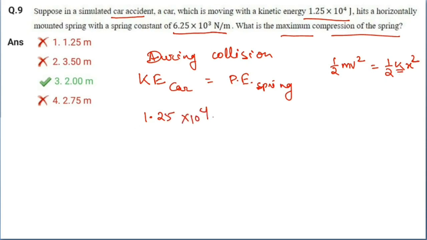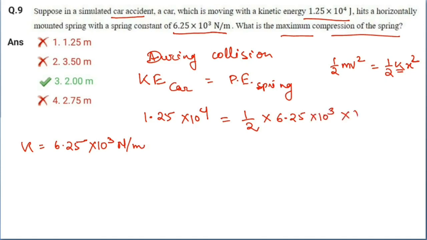So kinetic energy is given as 1.25 into 10 to the power 4 and potential energy is half kx square, half into k. The value of k is given as 6.25 into 10 to the power 3 Newton per meter. So 6.25 into 10 to the power 3 into x square.